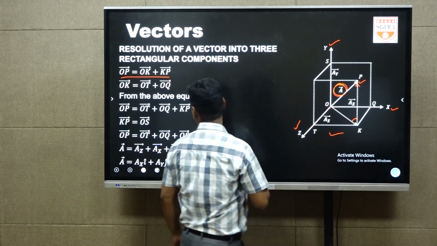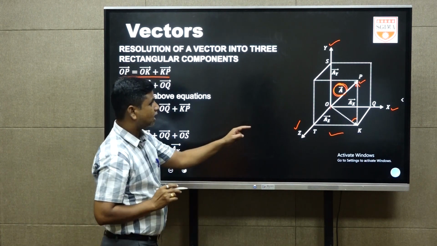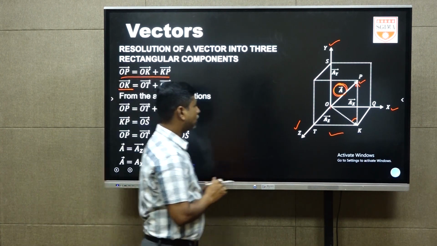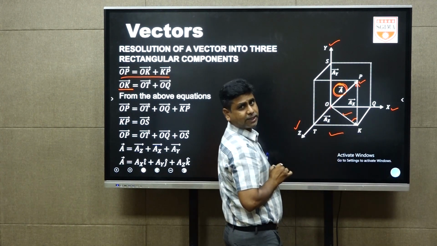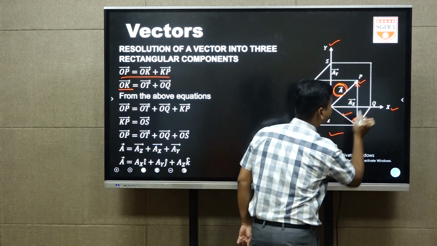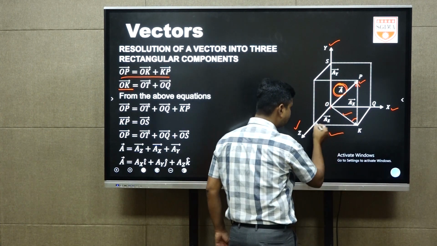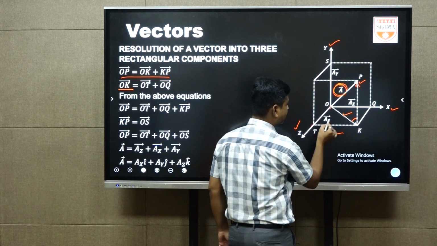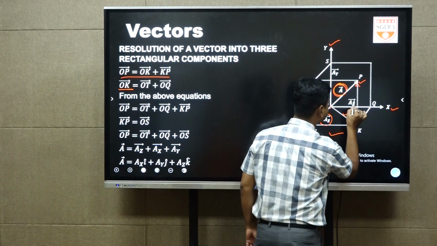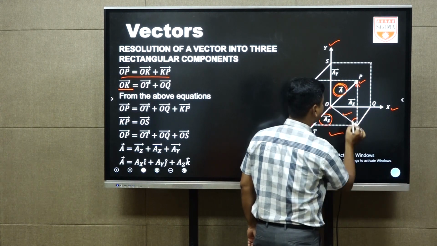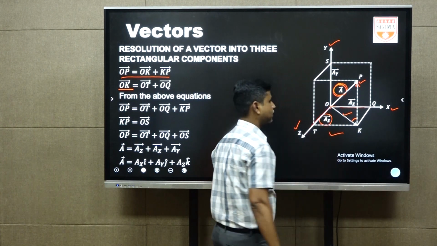Now how do we take the components? OK lies in the XZ plane. For this vector, one component can be taken along the Z axis, and one component along the X axis. The component along the Z axis is called AZ, and along the X direction it is AX. Here we consider OT and OQ.